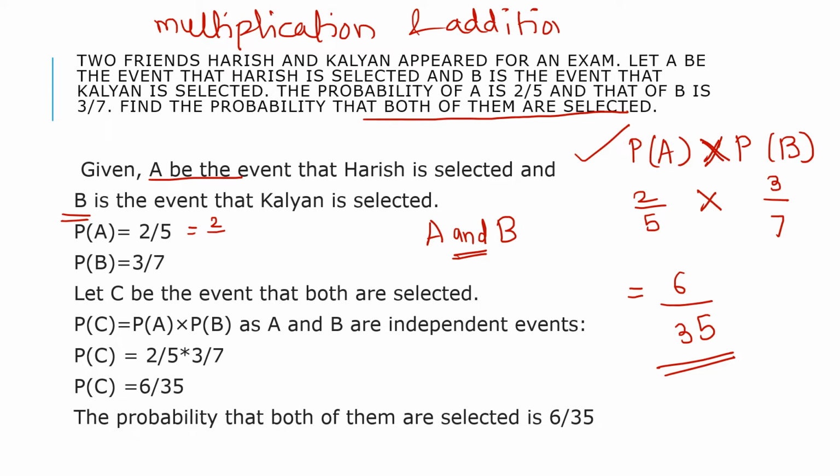When two events are defined and between them there is the word 'and', we use the multiplication theorem, which means we find the probabilities and multiply them together. When the two events have the word 'or' between them, which means event A or event B, we apply the addition theorem. The addition theorem says to add both the probabilities separately and get the answer.